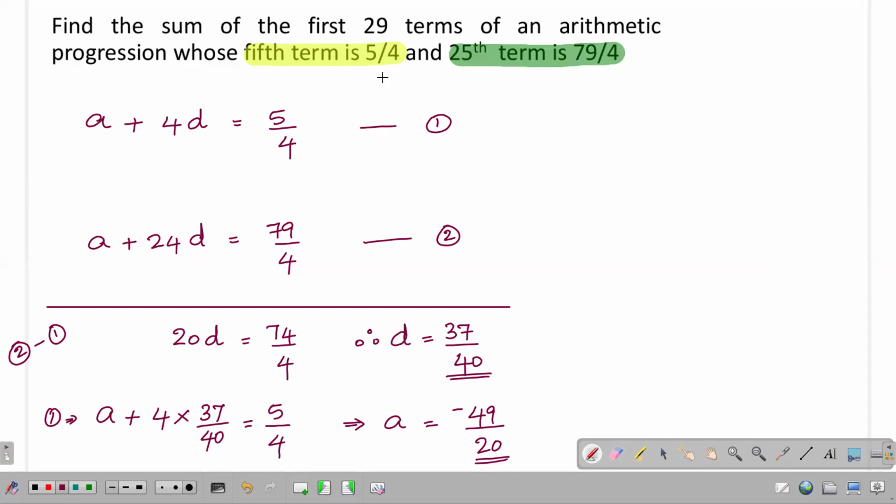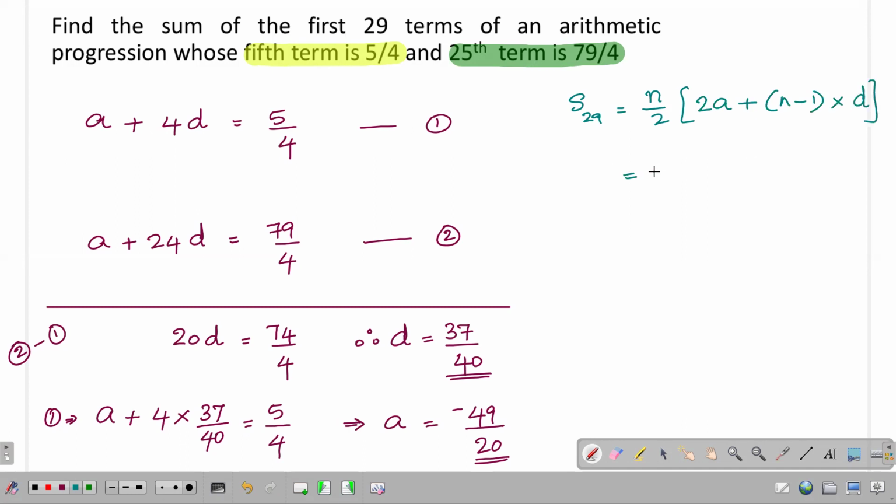With the help of these two, we can easily find the sum of the first 29 terms of this progression. You are asked to find S29. That will be n by 2 into 2a plus n minus 1 times the common difference.